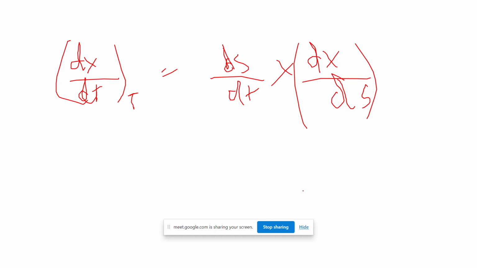Ma'am, ds is the total substrate consumed, and dx is the biomass produced. So biomass produced by substrate consumed. What is it? It's the growth yield. Exactly, it's the yield. So this will be your yield.